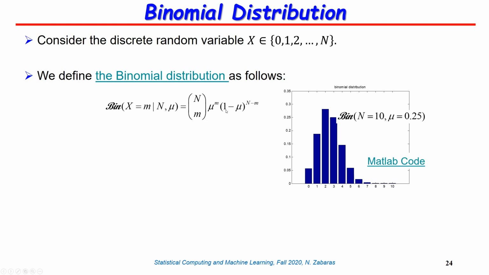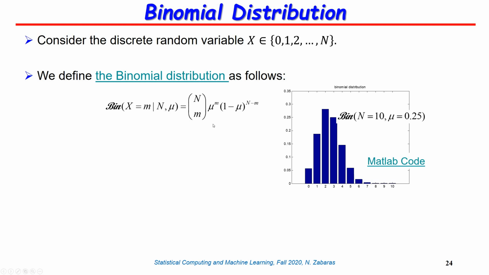Okay, so in the binomial distribution, this term looks very similar to what we got in the Bernoulli distribution when we conducted n independent experiments, but here we conduct n experiments, and this factor on the front, for those who forgot, is n factorial divided by m factorial divided by n minus m factorial.